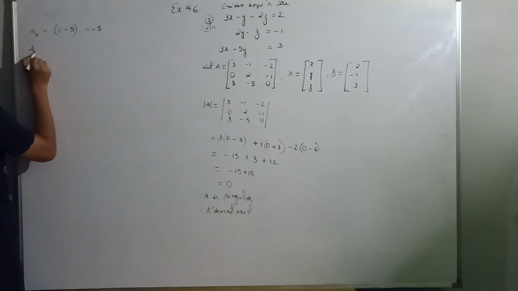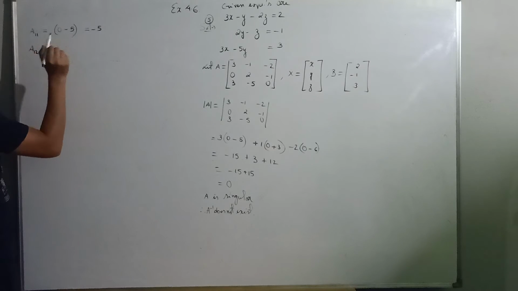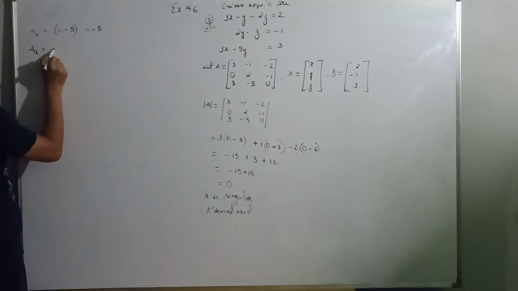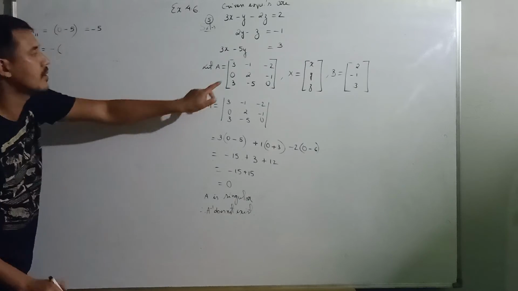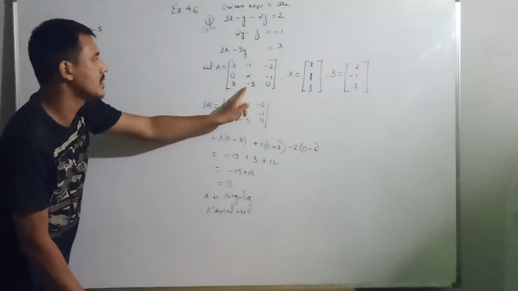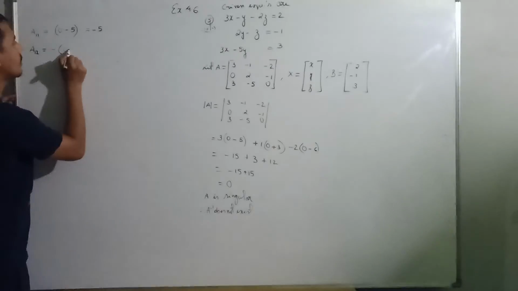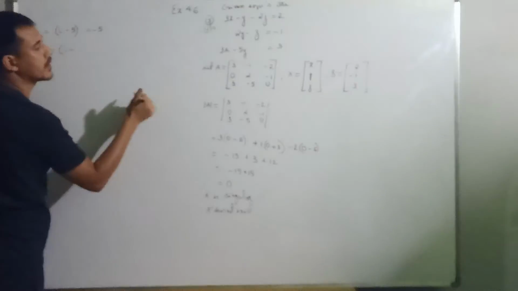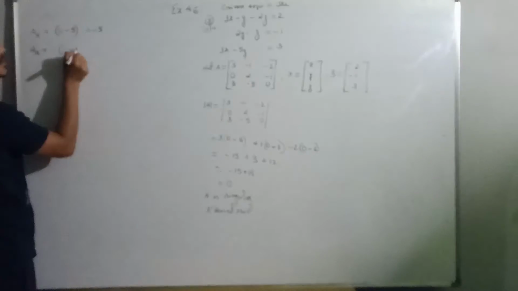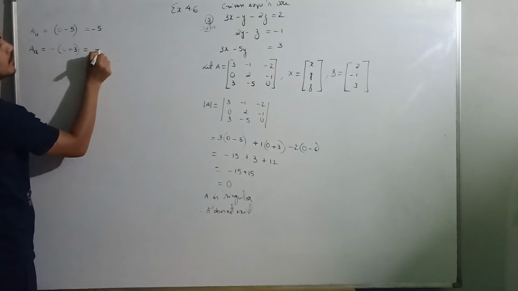A12: (-1) to the power 1 plus 2, that is 3, so negative. And then we write the minor of this element. The minor of this element is 0 into 0, 0, minus of 3 into minus 1, minus 3, so plus 3. So that is minus 3.